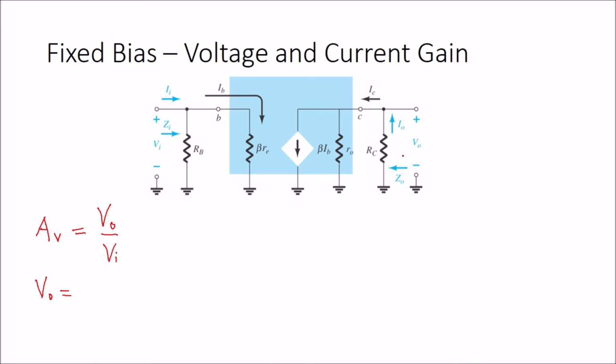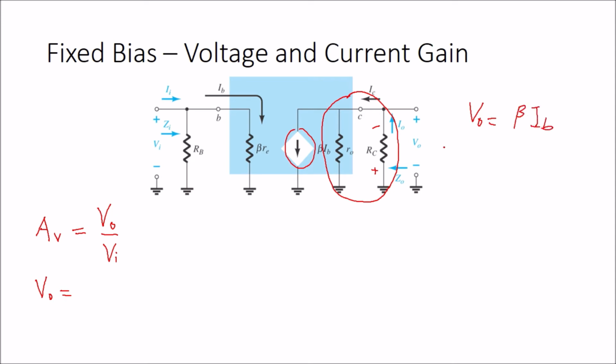For the value of V naught, if you look from here, the current flows from the bottom, from here to here. So V naught is equal to, we have to use Ohm's law, current times the impedance. The current here is beta IB.